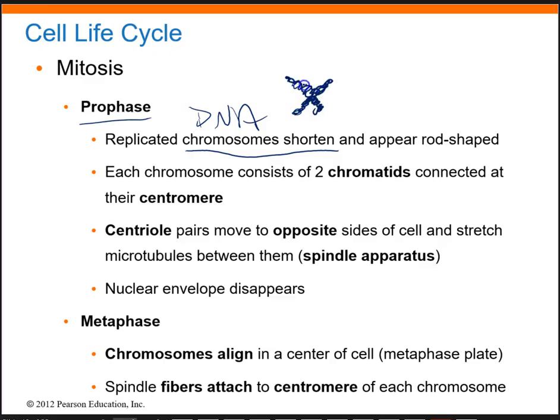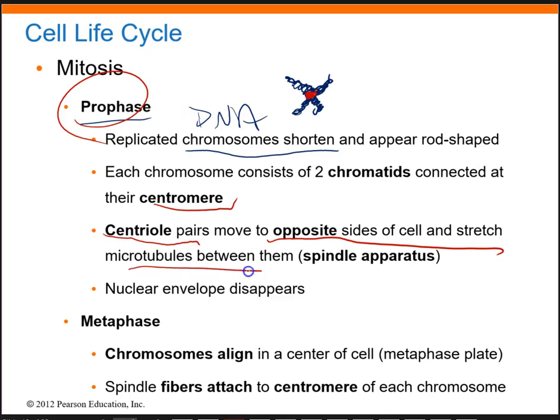Nice, kind of tight rods like this, and you see something called a centromere in the middle. We see chromosomes form during prophase. We also see that the centriole pairs move to opposite sides of the cell, and they stretch their microtubules between them. So they form the spindle apparatus, and then the nuclear envelope disappears.